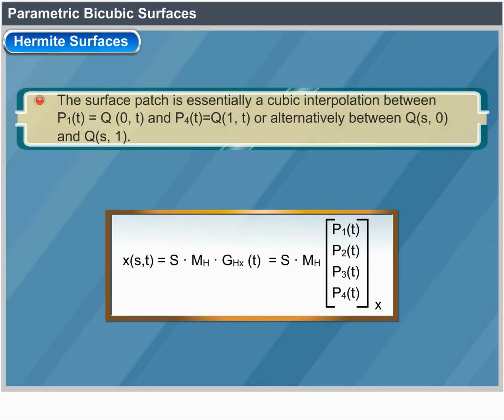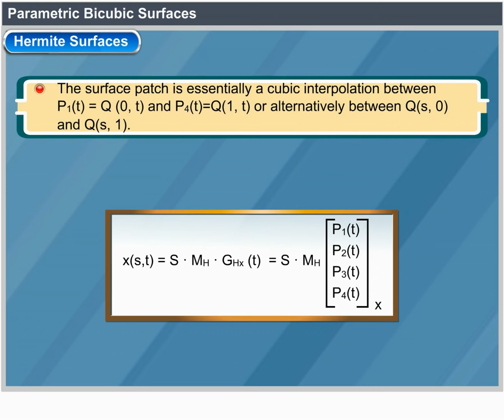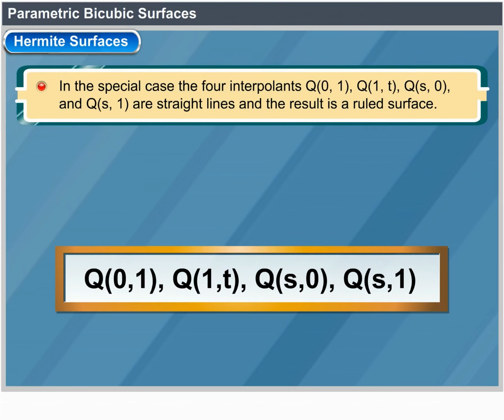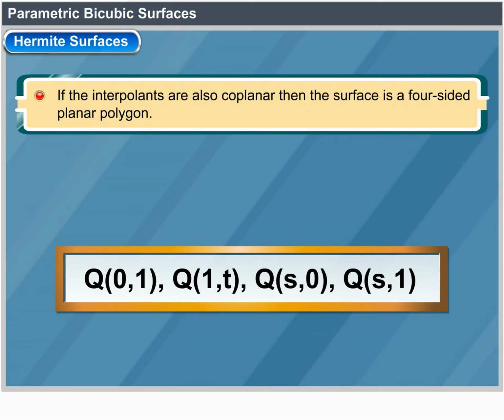The surface patch is essentially a cubic interpolation between P1(T) equals Q(0, T) and P4(T) equals Q(1, T), or alternatively between Q(s, 0) and Q(s, 1). In the special case that the four interpolants Q(0, t), Q(1, t), Q(s, 0) and Q(s, 1) are straight lines, the result is a ruled surface. If the interpolants are also coplanar, then the surface is a four-sided planar polygon.